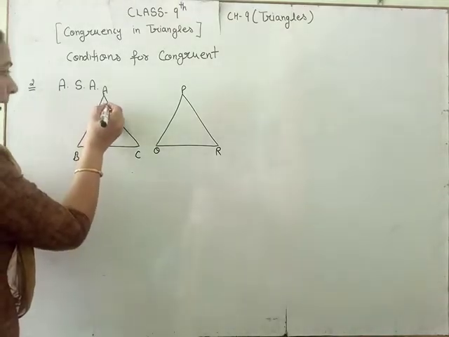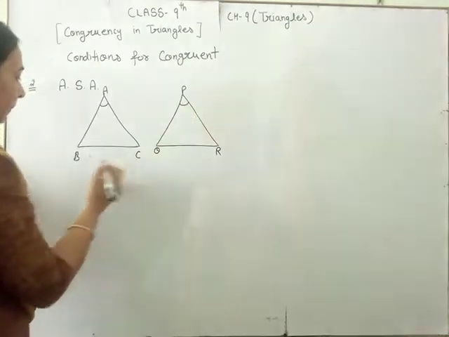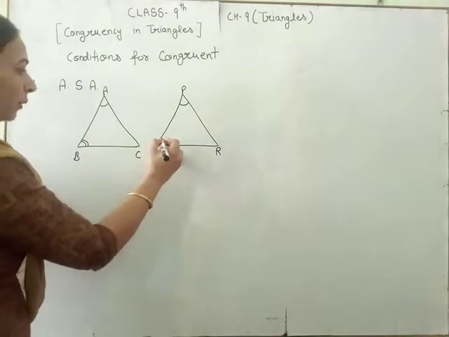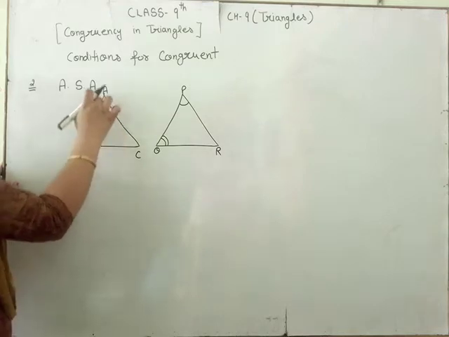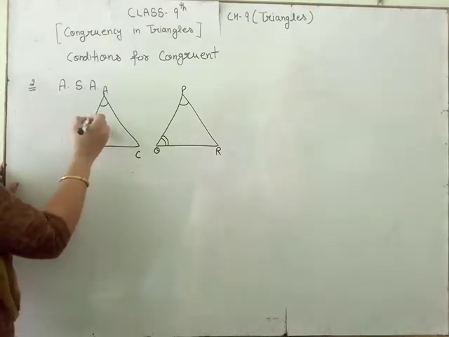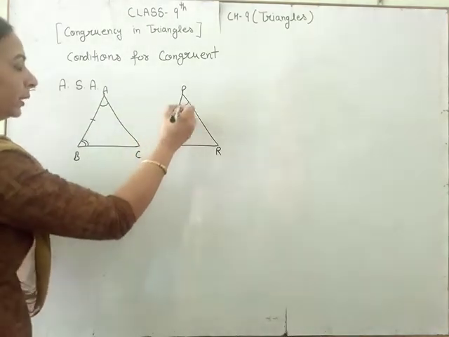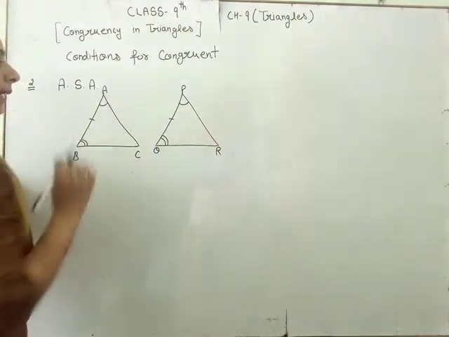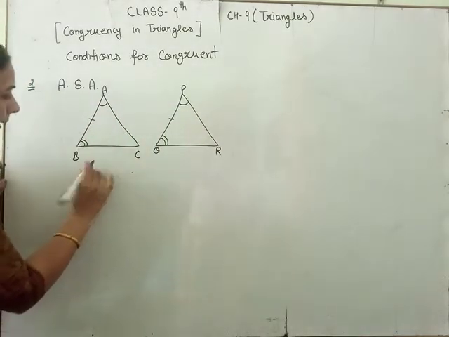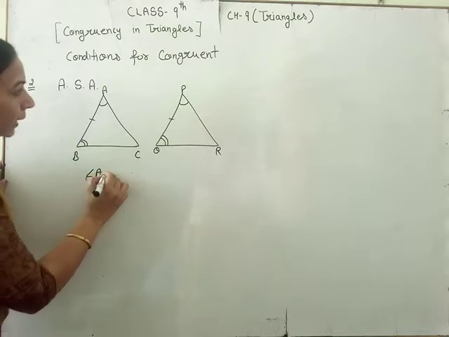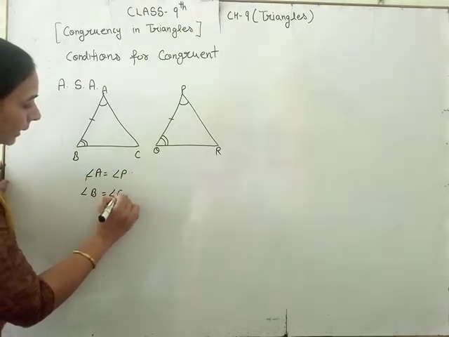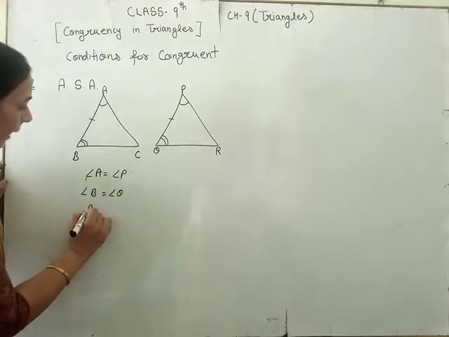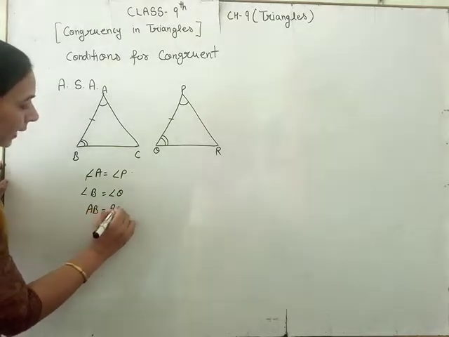If we take angle A equal to angle P, angle B equal to angle Q, then the included side between these two angles, this side, equals the side between these two angles in the other triangle. Then we say angle A equal to angle P, angle B equal to angle Q, and side AB equal to side PQ.